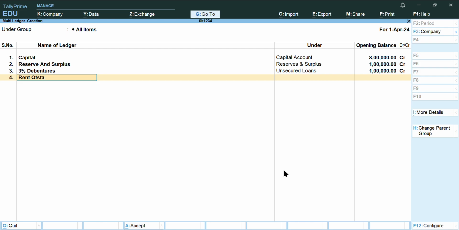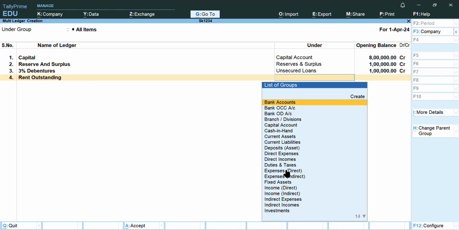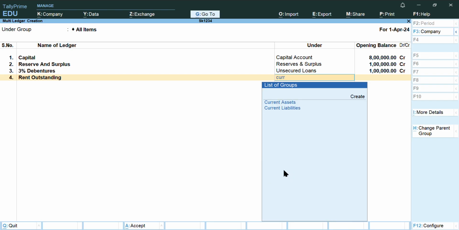Now after writing the account name, there is some issue with the keys here. Okay, so the category of rent outstanding is that it is a current liability.